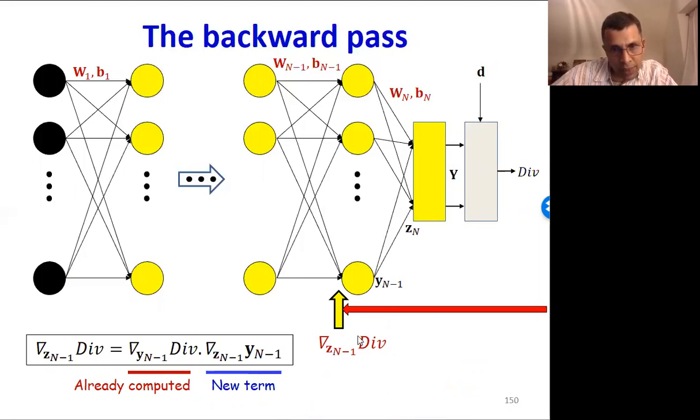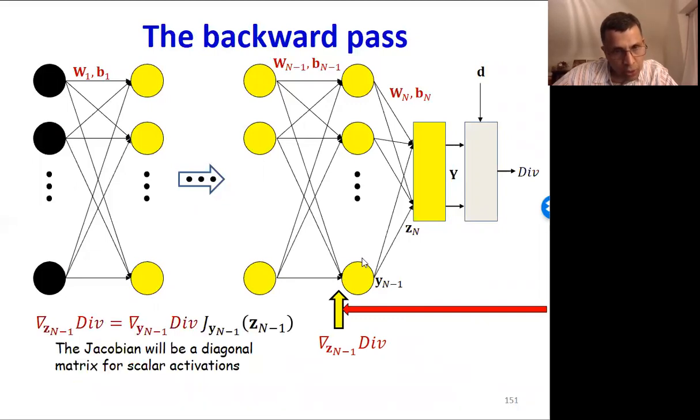We compute the derivative of the divergence with respect to the affine inputs to this layer. That's simply going to be the derivative of the divergence with respect to y times the derivative of y with respect to the affine term, which is simply the Jacobian of the activation function. The Jacobian matrix for this layer is going to be diagonal for scalar activations.